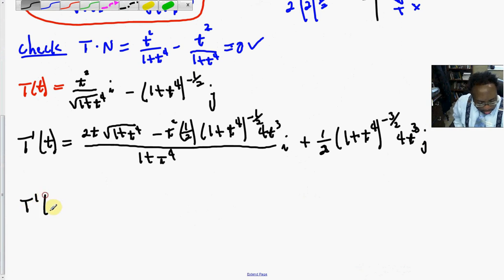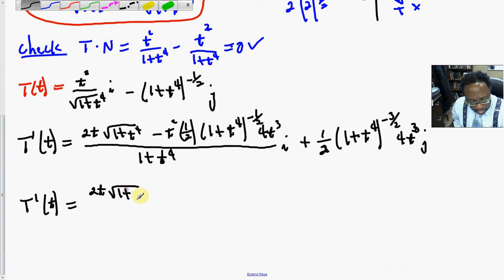So T prime of t: this is 2t times the square root of 1 plus t to the 4th minus 4 times 1/2, which is 2t to the 5th.